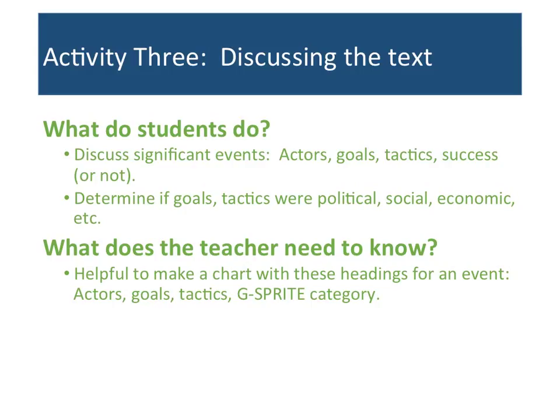So when students are discussing the text, you can be putting those things up there, and when you're finished with that discussion, they will have something they can look back to help them make meaning of the past.